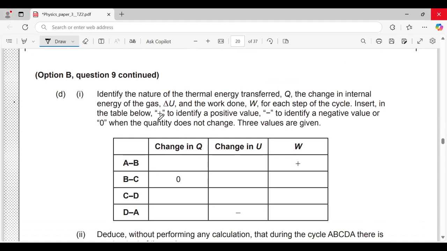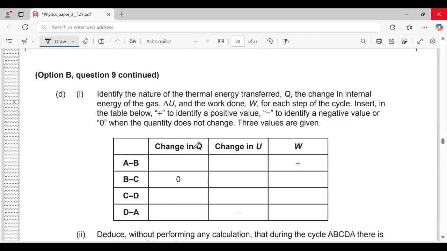Insert in the table below plus to identify a positive value, negative to identify a negative value, or zero when the quantity does not change. Three values are given. Next, the first column. I will start with change in Q, or thermal energy transfer Q.